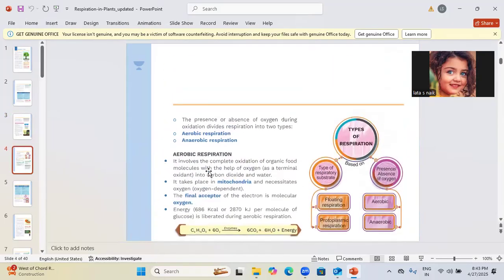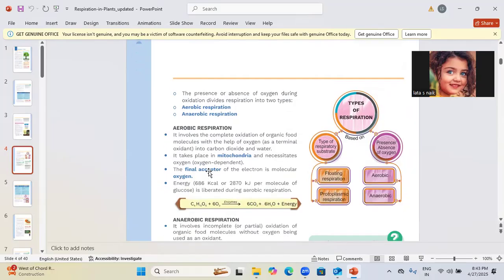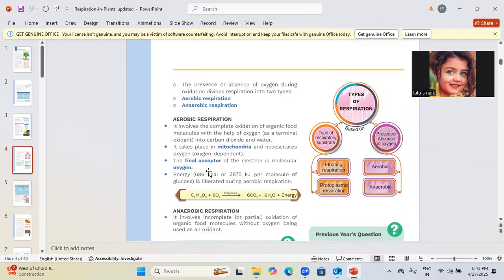Now, the presence or absence of oxygen during oxidation divides respiration into two types, aerobic and anaerobic respiration. So, we'll study in detail what is aerobic respiration and what is anaerobic respiration.